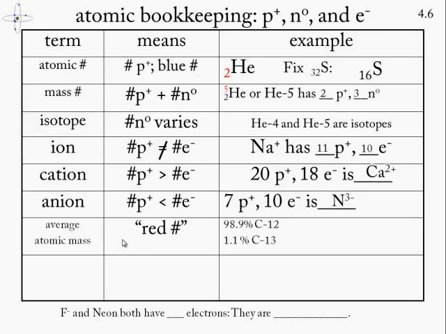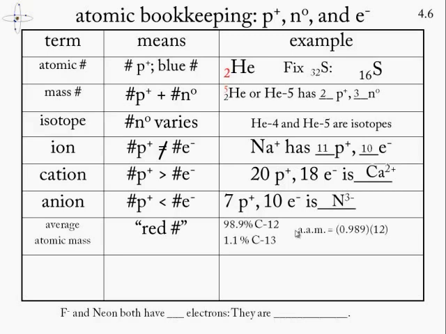There's so many of them that it's a very precise ratio. Carbon, for example, 99% of it about is carbon-12, meaning 6 protons and 6 neutrons. But 1% of it has an extra neutron, and that's carbon-13. That means the average atomic mass will be very close to 12, but it'll be a little higher due to that 1% that is 13.